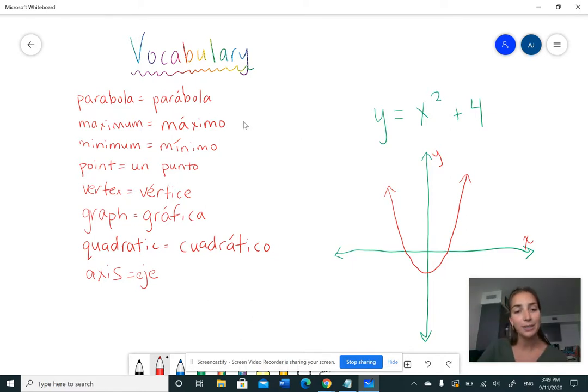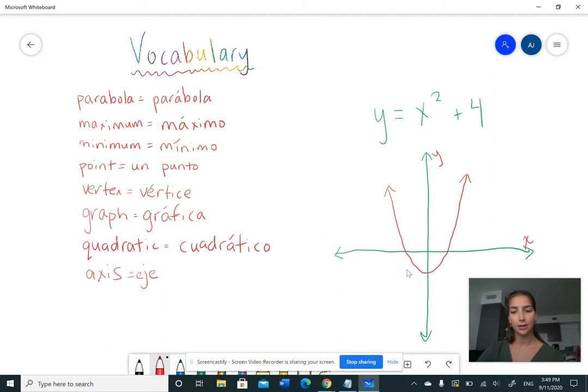The maximum, which is the highest point on a graph, maximum significa máximo. The minimum is the lowest point on the graph, and minimum significa mínimo. A point significa un punto, is just a dot on the graph.